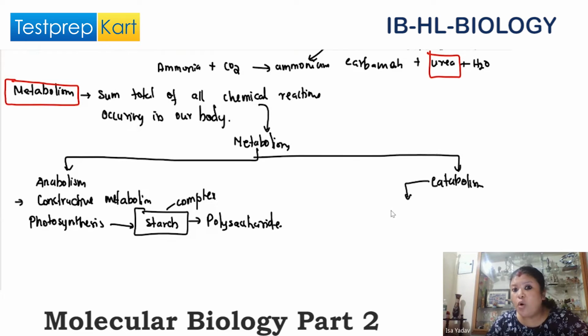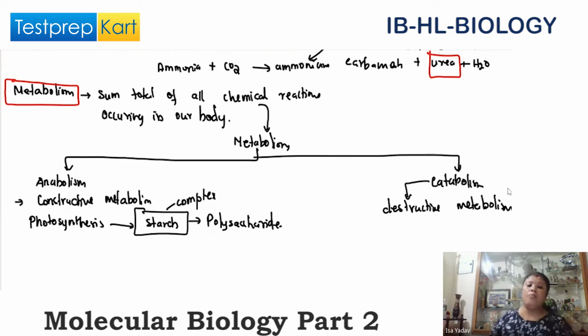Okay, next is catabolism. This is called destructive metabolism. From the word itself, you can make out that the complex compounds in catabolism are broken down into smaller, simple pieces.